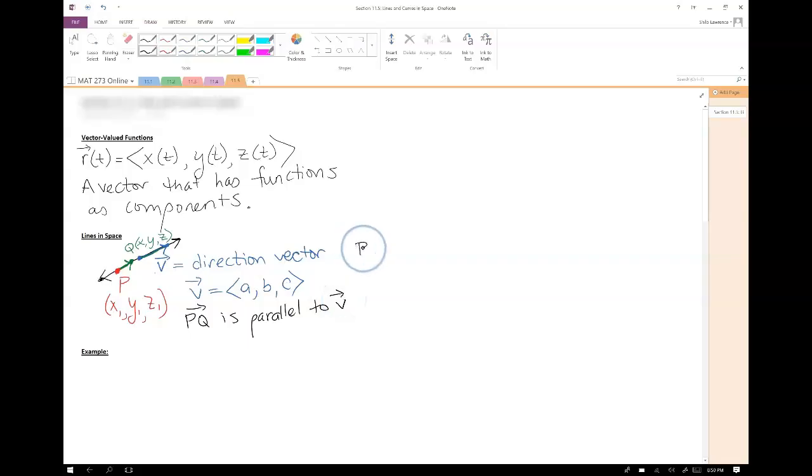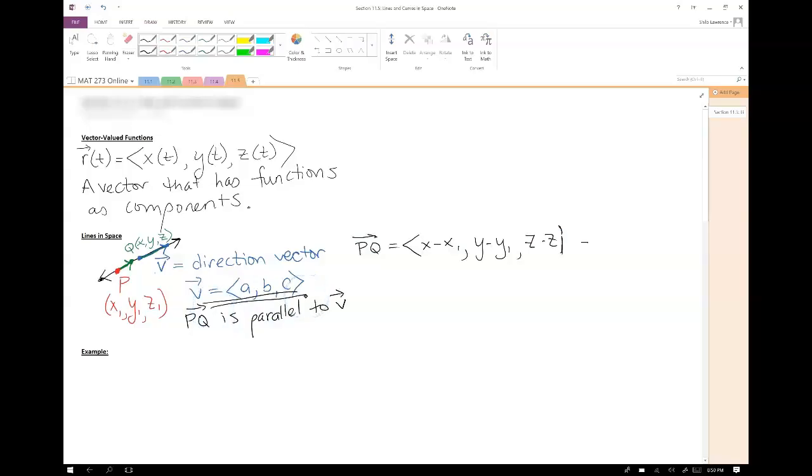So if we create vector pq, we're going to do the q coordinates minus the p coordinates. You always do terminal minus initial. We're going to have x minus x1, y minus y1, and z minus z1. So these components should be scalar multiples of a, b, c.